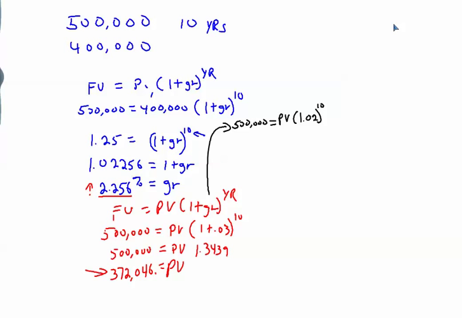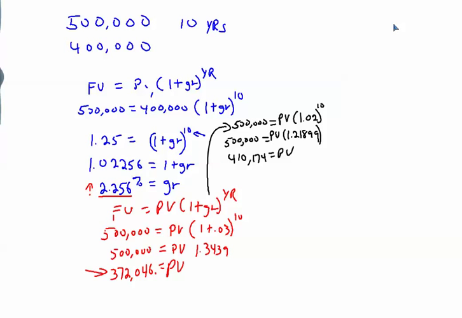So it's the very same problem again, it's just we're using a 2% interest rate. So 1.02 raised to the 10th power gives me 1.21899. Divide both sides of the equation by that number, and I get $410,174 would have to be the present value.